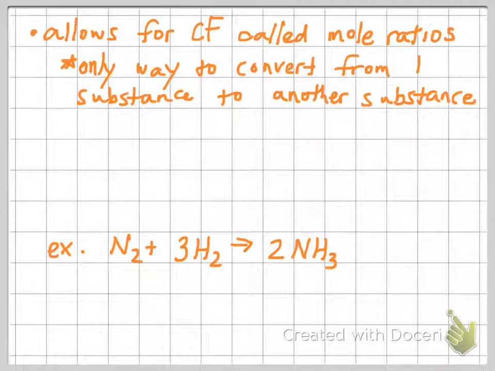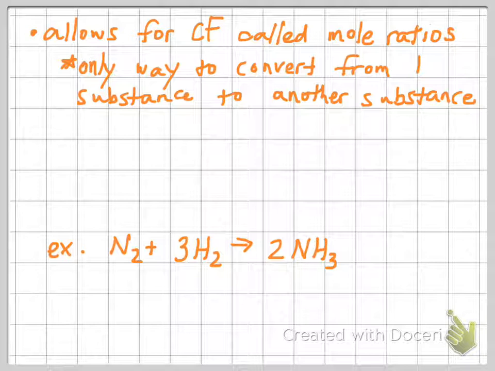Okay, so we're going to look at some mole ratios here with this equation I have here, this nitrogen plus hydrogen forms ammonia, a reaction that we've already written and balanced before. Okay? So, when we talk about mole ratios, there are quite a few of them. Basically, we're going to relate the amounts of moles of all the different substances.